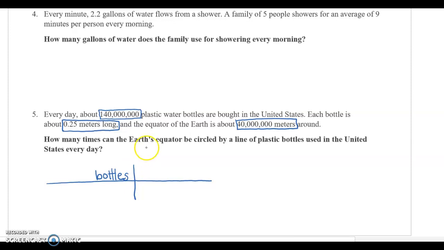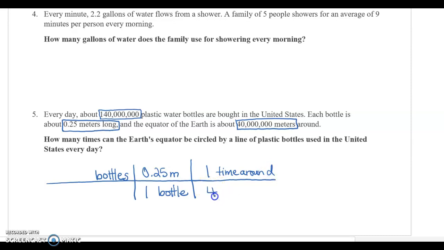So if I know that 140 million plastic water bottles are bought, and that one water bottle is 0.25 meters long, and I know that the Earth, one time around it, is 40 million meters.